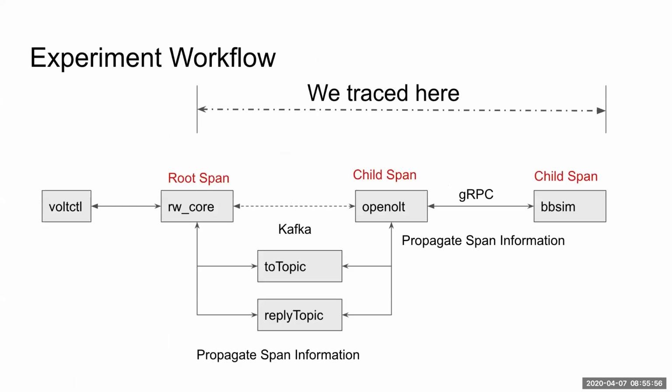The left one is the voltha-cli, just the command line tool, which will send a request to the record. And in the record, I will create the span. This span is the first span, so it should be the root span, with no parent. And I will propagate the span information, the span context, to the Kafka topic. So in the Kafka topic, there will be something like a span ID and the trace ID.